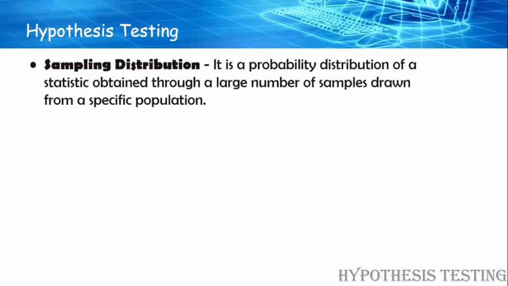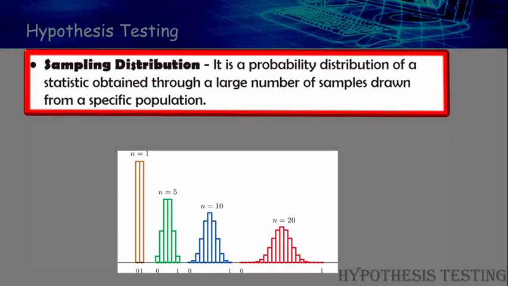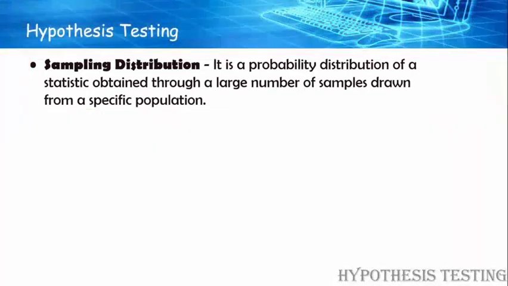Next is sampling distribution. It is the probability distribution of a statistic obtained through a large number of samples drawn from a specific population. We are categorizing the population based on some characteristics, and from that we find the probability distribution.